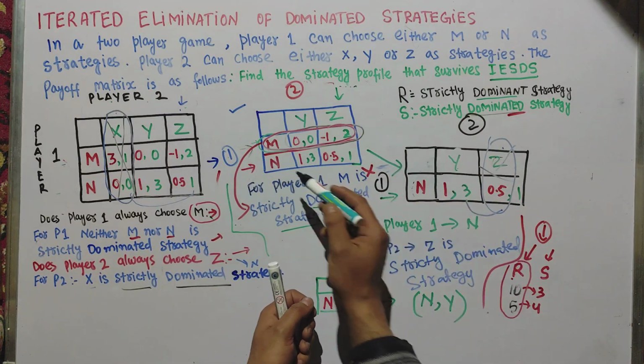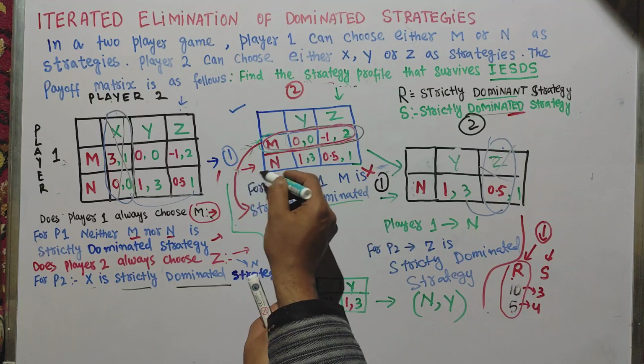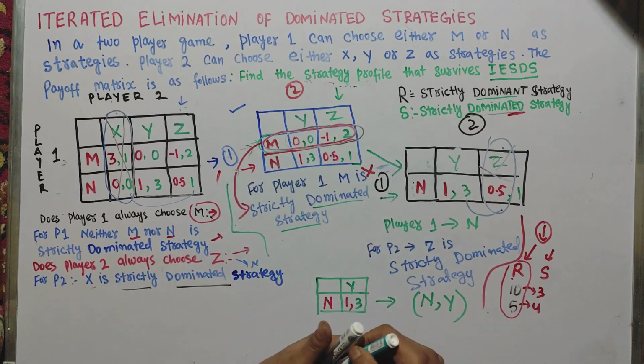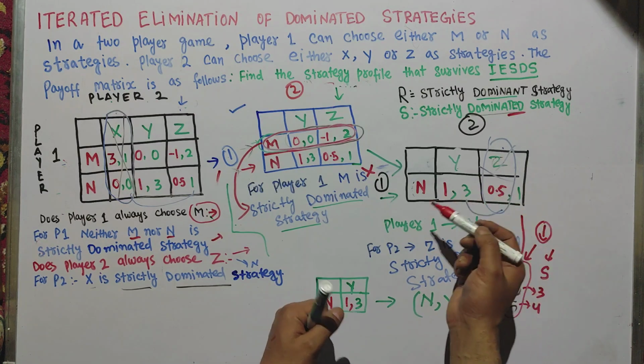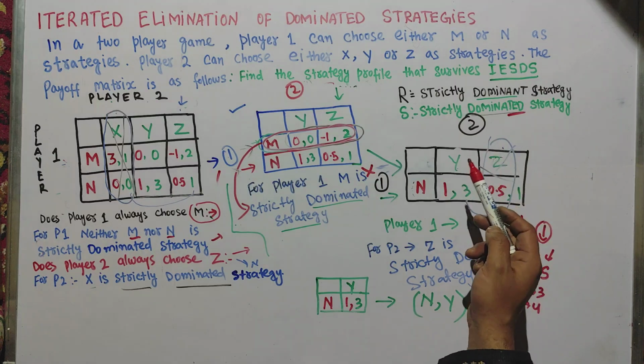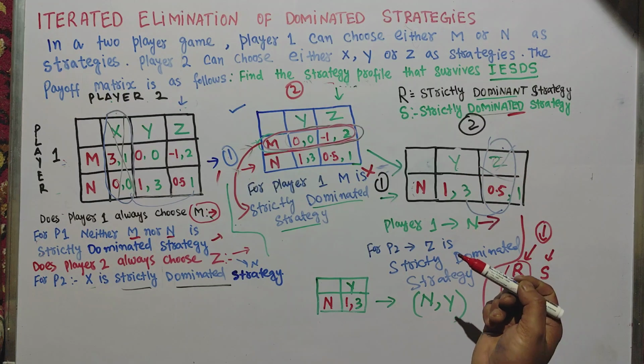So we are left with player 1 with only one strategy N, and player 2 with strategies Y and Z. Again we need to check what happens.